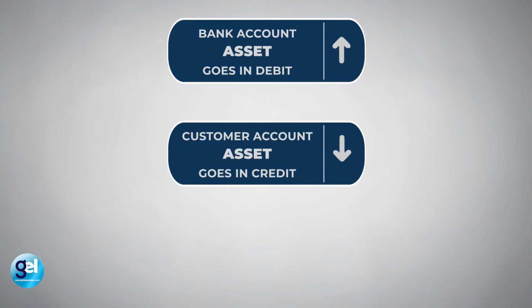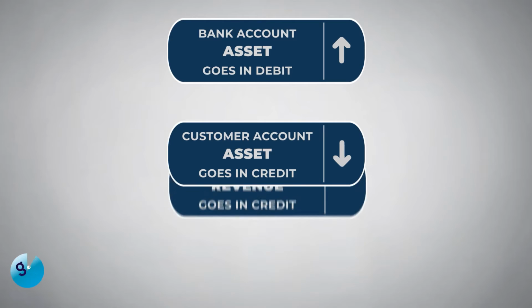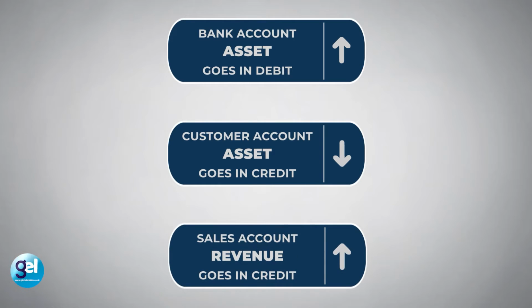The other part of our registration will be the customer account. Or if there is no customer account, if we have received money, for instance some cash sales, then we will have a revenue. The other part, whether it's a revenue or the customer account, will go in credit.